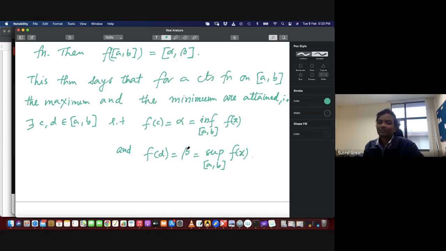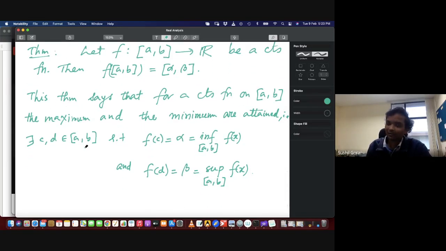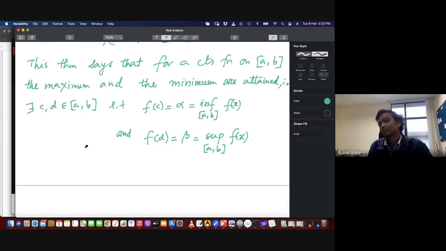All right. So this is by continuity. You know this already, but we don't know which points these c and d are.